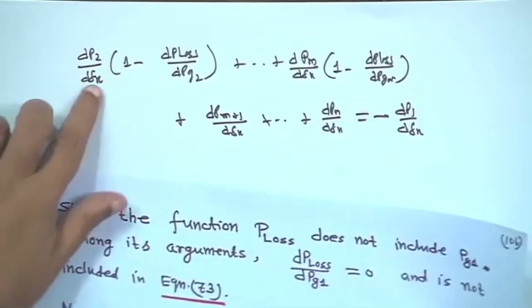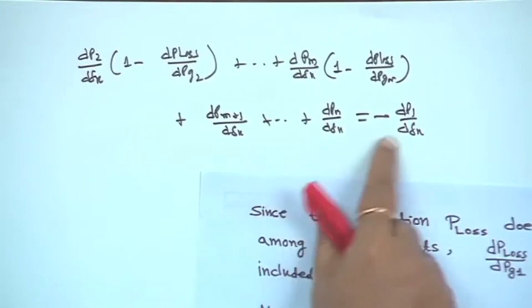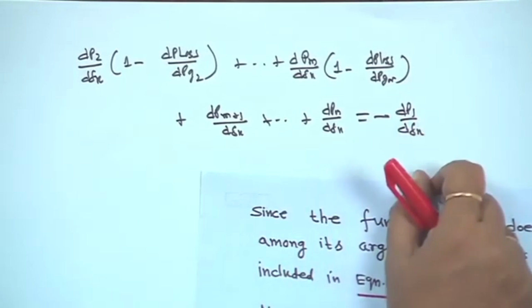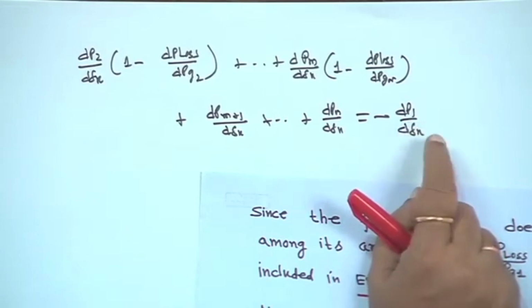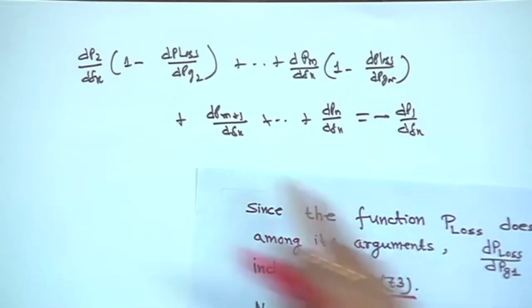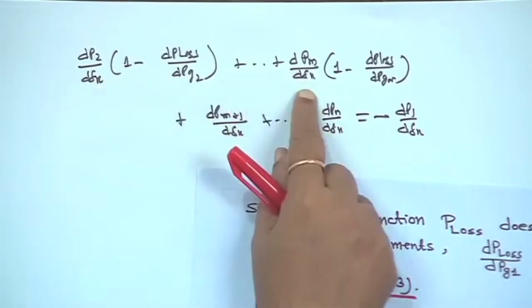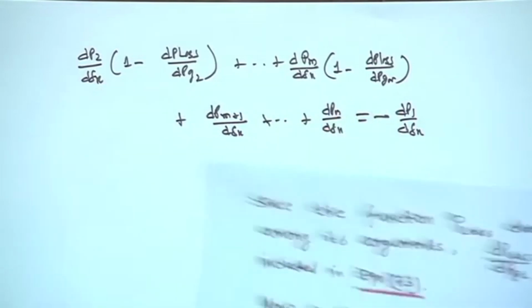So that means if we want to put this equation in matrix form, the right hand side column vector will be minus dP1/dδ2, dP1/dδ3, and this way it will continue. Then the terms dP2/dδk up to dPn/dδk, how can we relate to the matrix form?